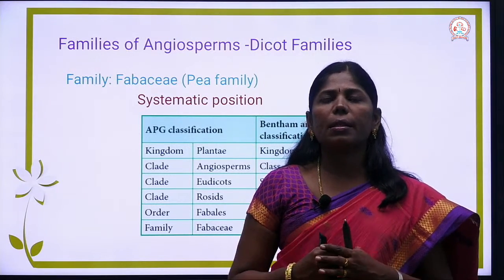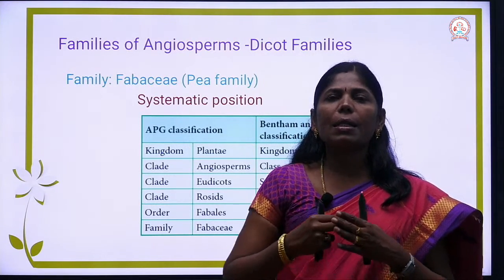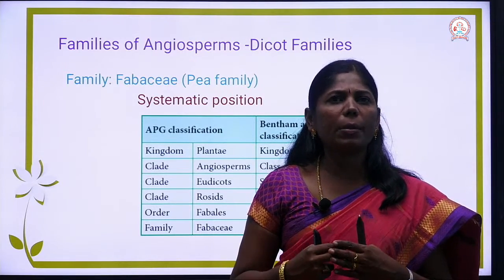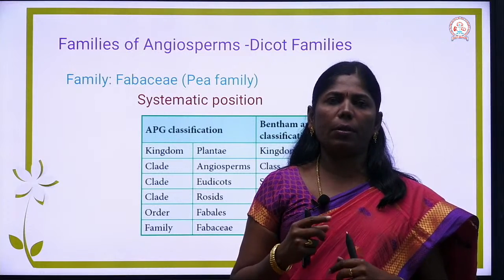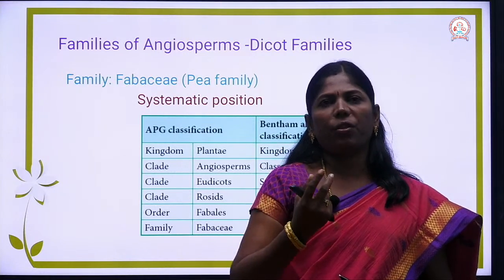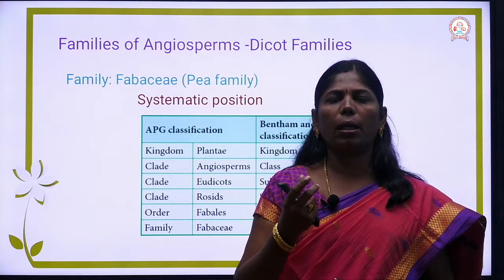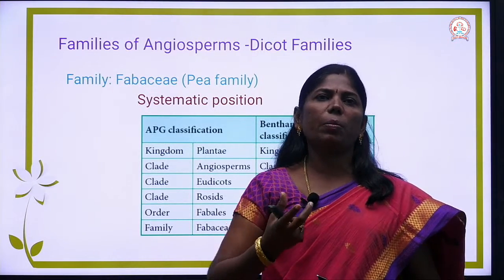Another character is the floral character. It is pentamerous or tetramerous. Pentamerous means it has five whorls of the flower. What is the first whorl of the flower? The first whorl is the calyx. Next the corolla, then the androecium, then the gynoecium is present.